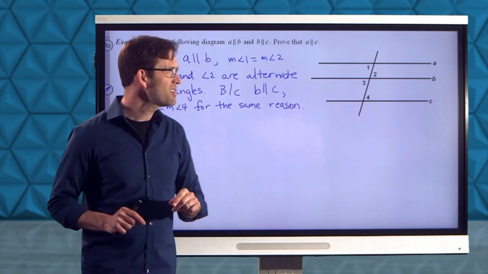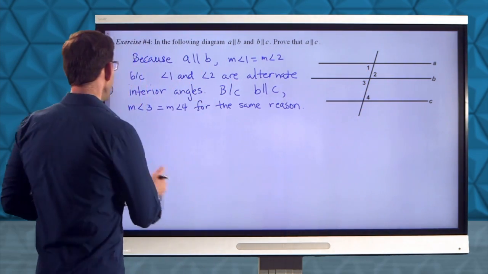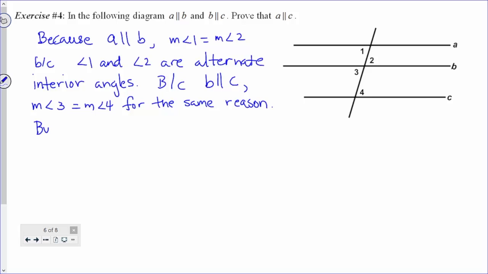But somehow, I really want to get 1 and 4 related. But, I always like to use that word, but measure of angle 2 equals measure of angle 3 because they are vertical angles.